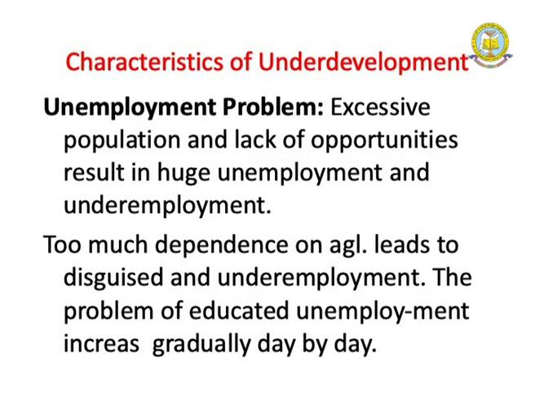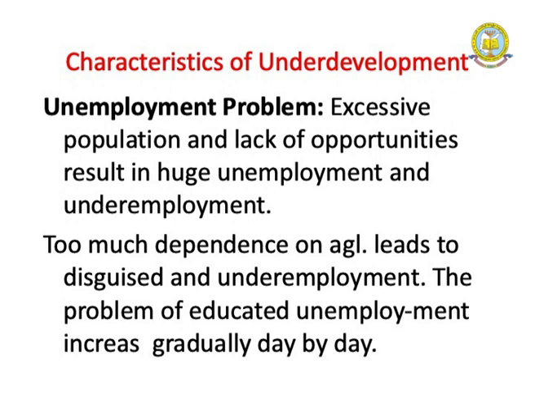Then the unemployment problem. Excessive population results in lack of opportunities and people will not get gainful employment, and that results in huge unemployment and underemployment. Underemployment means there is a mismatch between the education degree the person holds and the employment in which he is engaged.